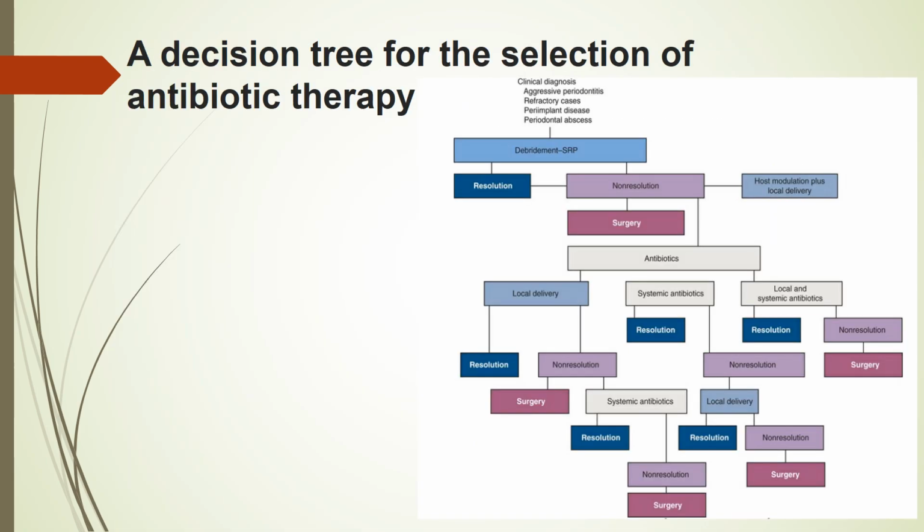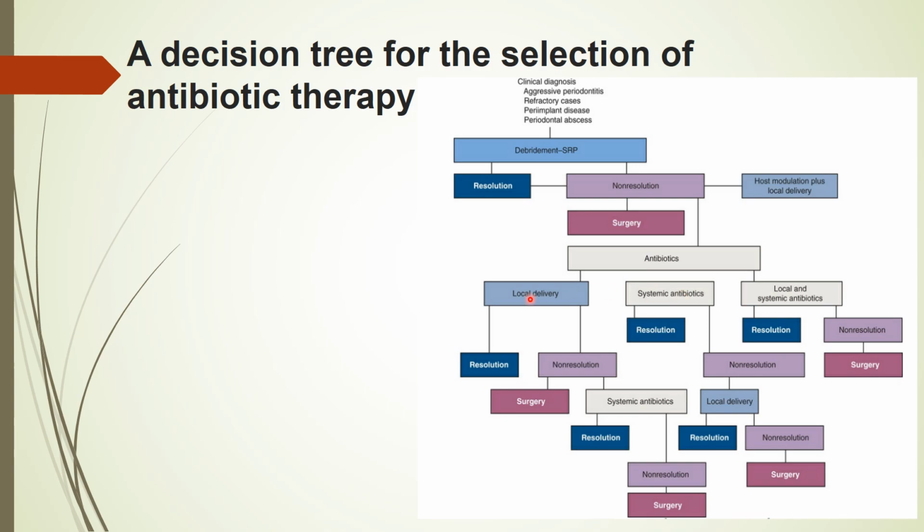This is a decision tree for the selection of antibiotic therapy. When you get a case, you can go to SRP, and if there is no resolution, then you can go for surgery or try antibiotics. Under antibiotics, it can be local drug delivery, local and systemic antibiotics, or systemic antibiotics.